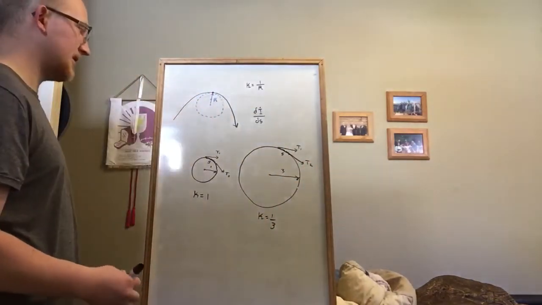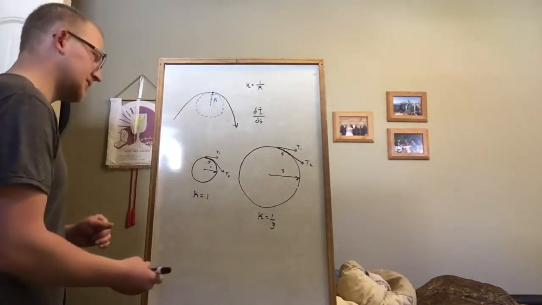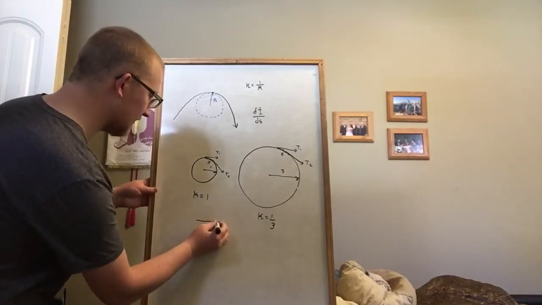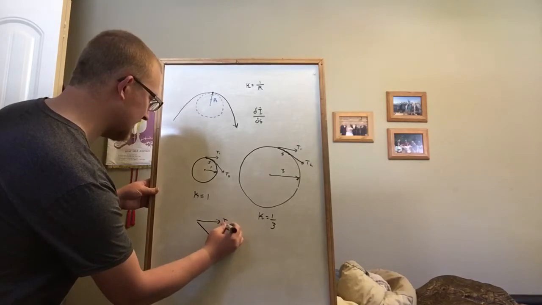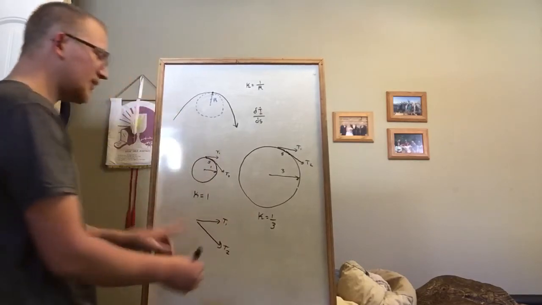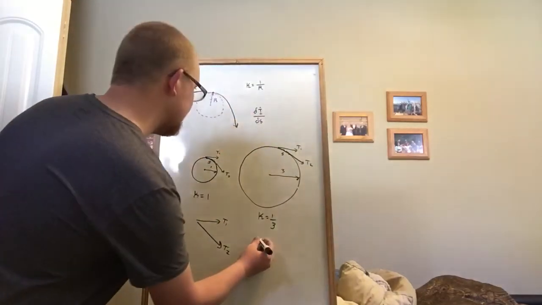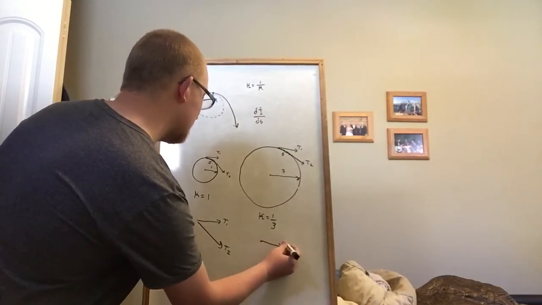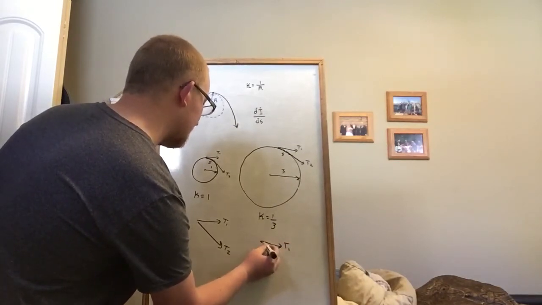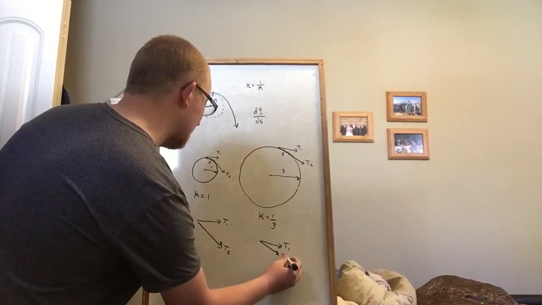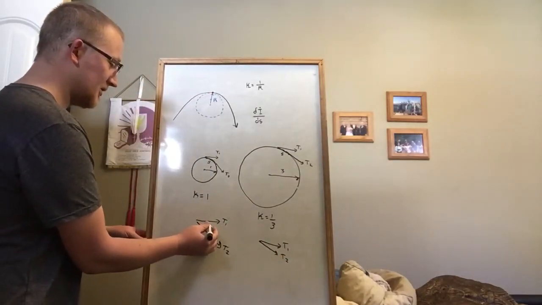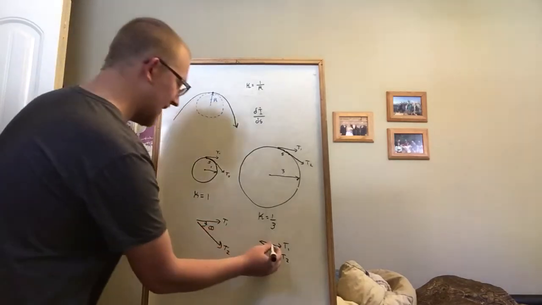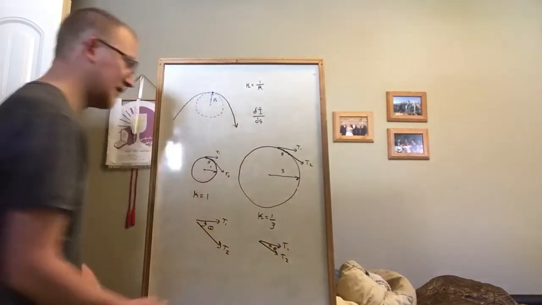If we compare these two, with T1 and T2 for this circle, and T1 and T2 for this circle, you will notice that the smaller circle has gone through a larger angle than the bigger circle.